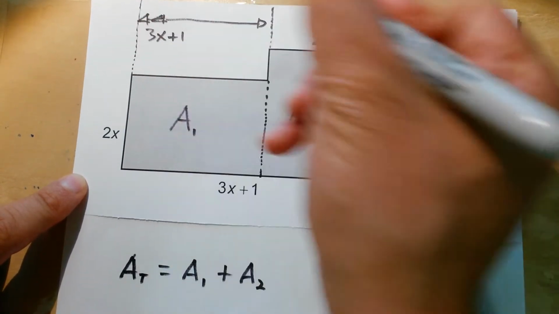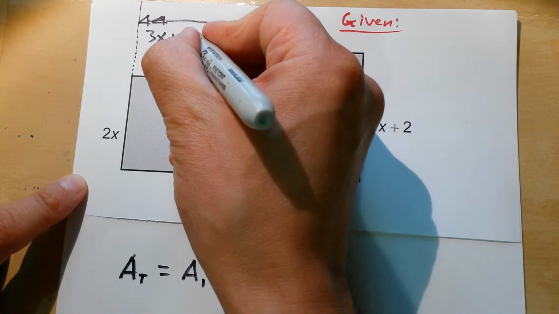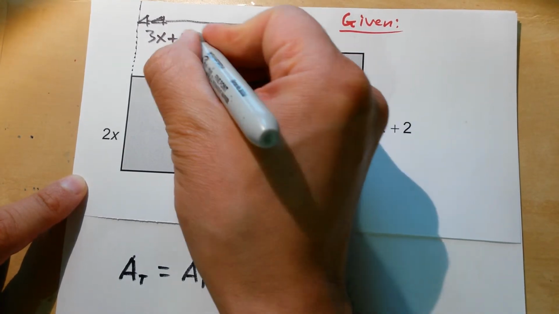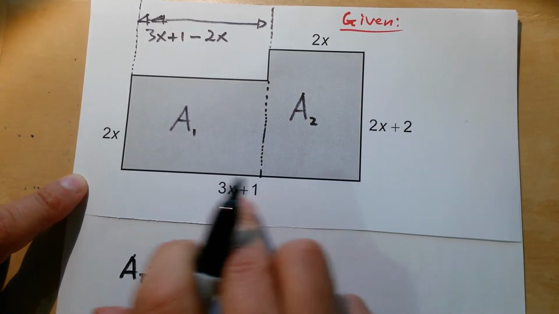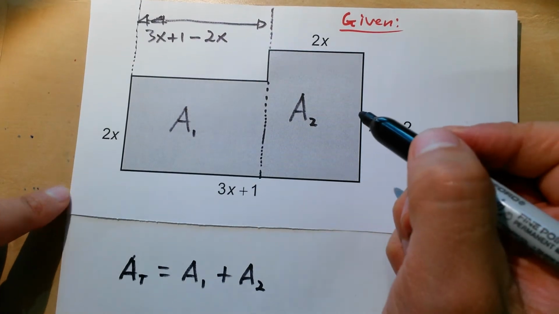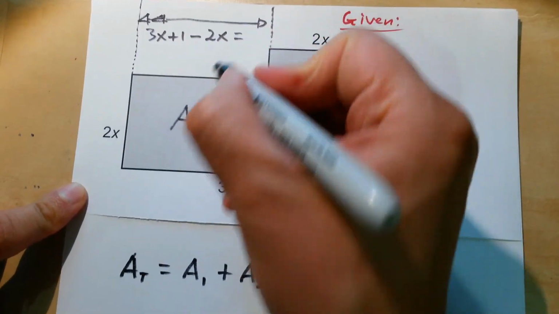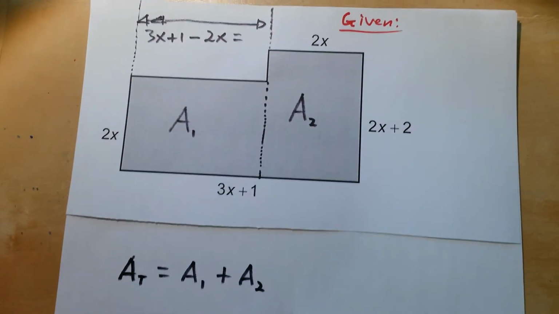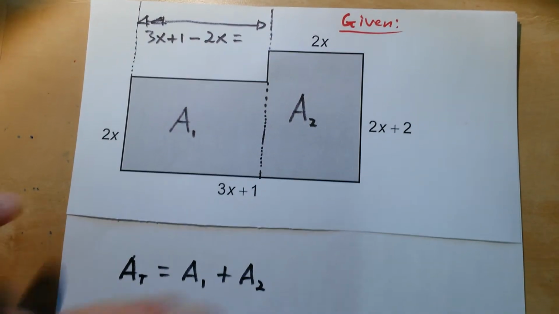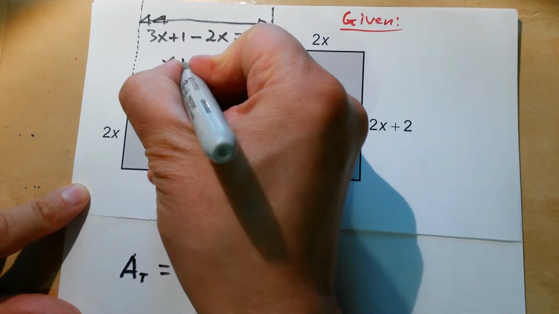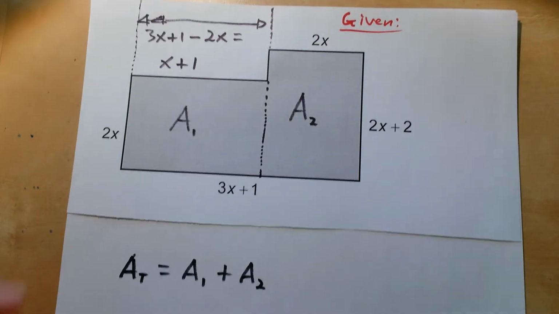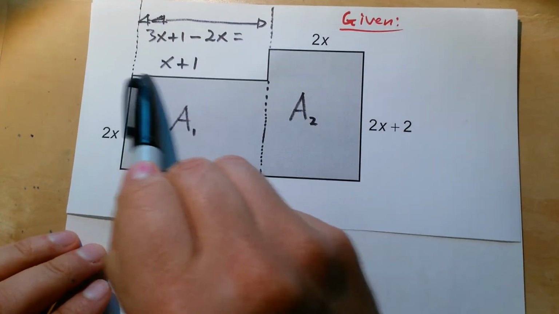So we do that. 3x plus 1, minus 2x. Now I will put this in brackets, but since there's a positive in there, not a big deal. So what is this equal to? Well, 3x minus 2x gives us x plus 1. And that's the length of this. From here to here is x plus 1.